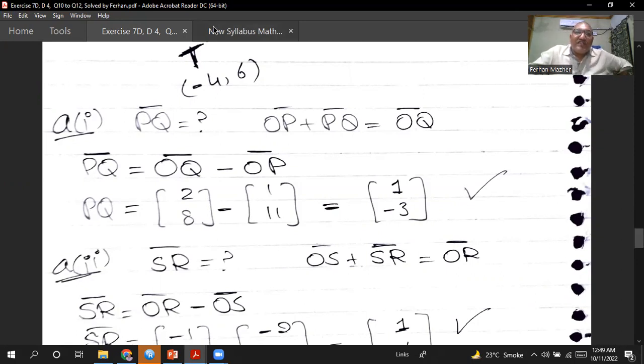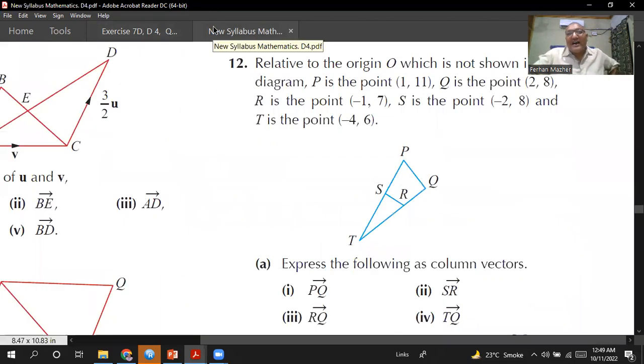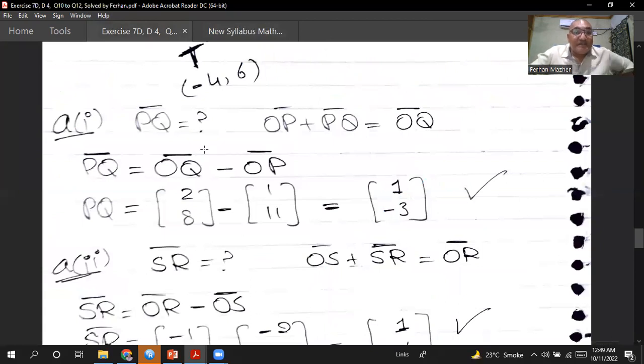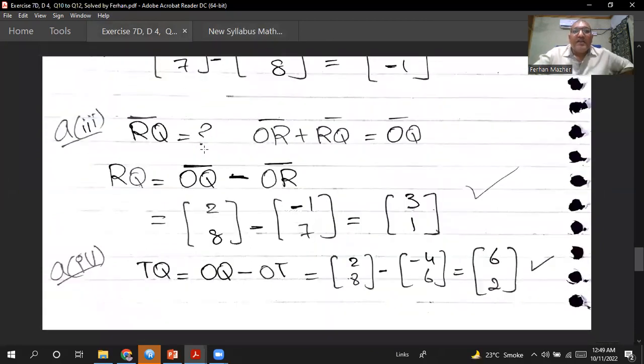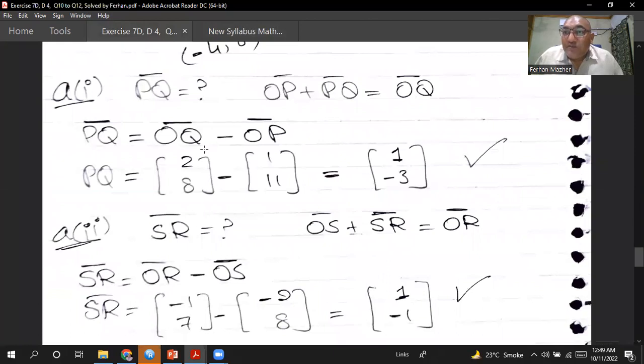Okay, the next question they asked us to find out is SR. Okay, so SR, very simple. For SR, I will write the position vector. Starting point is S, the end point is R. So in the position vectors, I will say OS plus SR equals OR. So SR will be equal to OR minus OS.